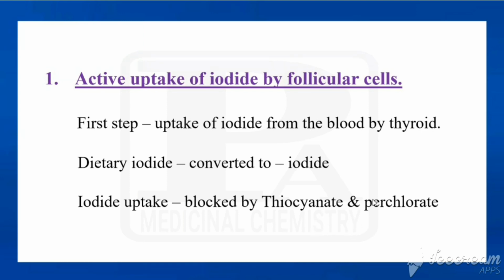If you are taking an anti-thyroid drug, the first step, active uptake of iodide by the follicular cells, is blocked. The plasma transports the iodide to the thyroid, where the dietary iodide is converted to simple iodide.